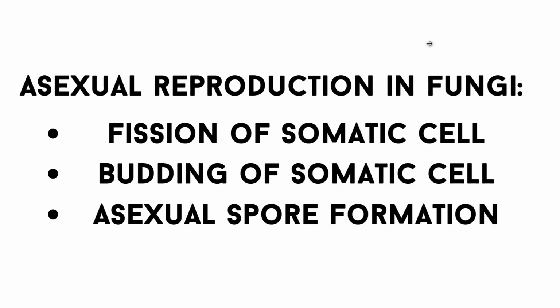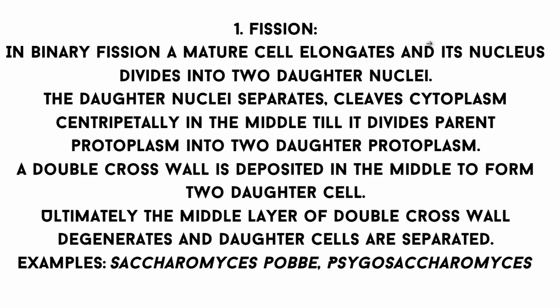Moving on to asexual reproduction in fungi, it happens via fission of somatic cell, budding of somatic cell, and via asexual spore formation. Fission. In binary fission, a mature cell elongates and its nucleus divides into two daughter cells, which we have also seen in bacteria, the mode of reproduction.